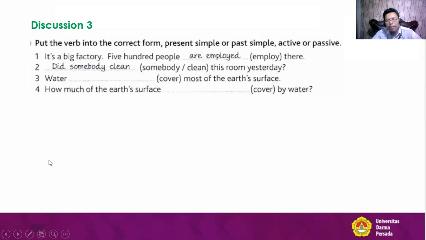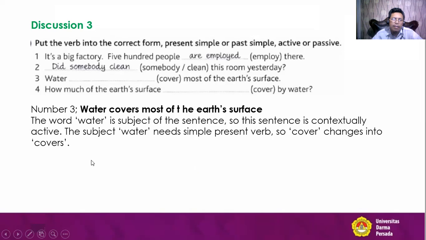Okay, now compare your answer with mine. Number 3, water covers most of the Earth's surface. So we have covers. We don't have any combination with to be, right? So the word water is the subject of the sentence. So the sentence is contextually active.